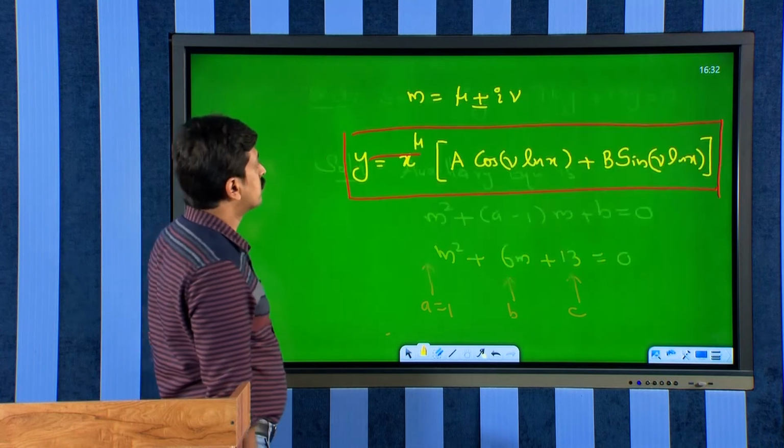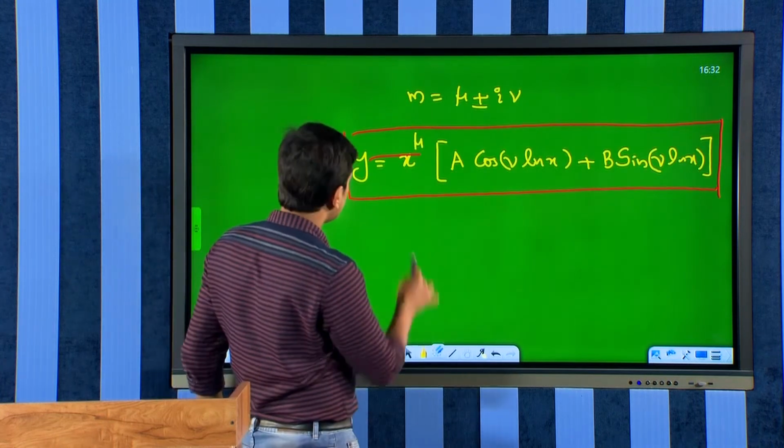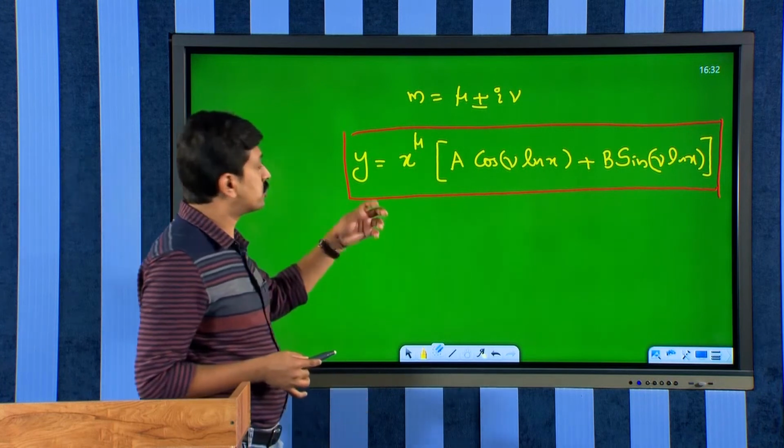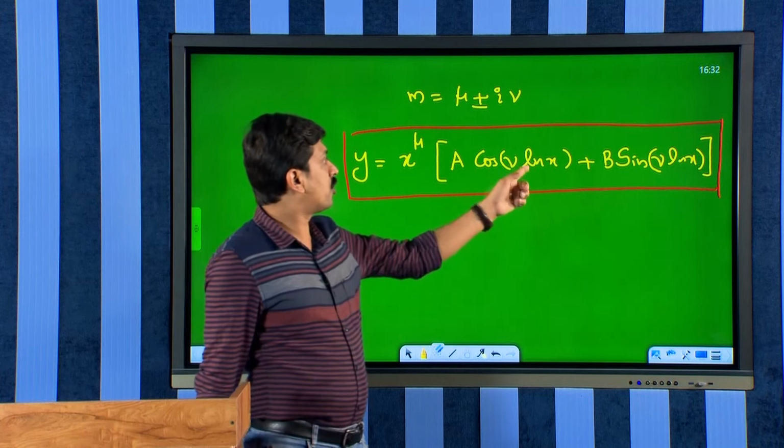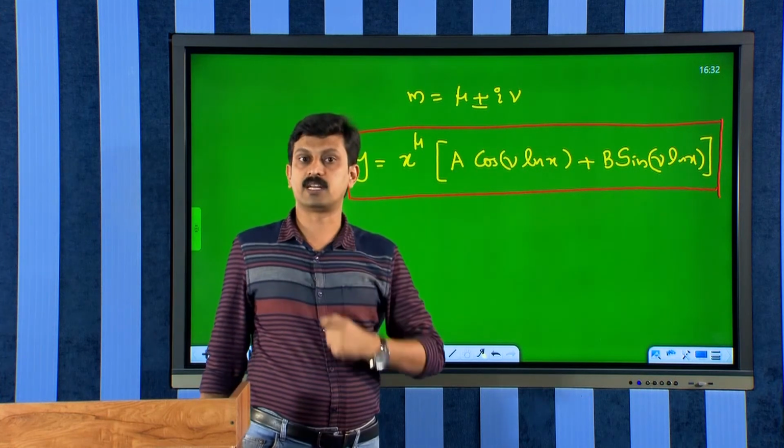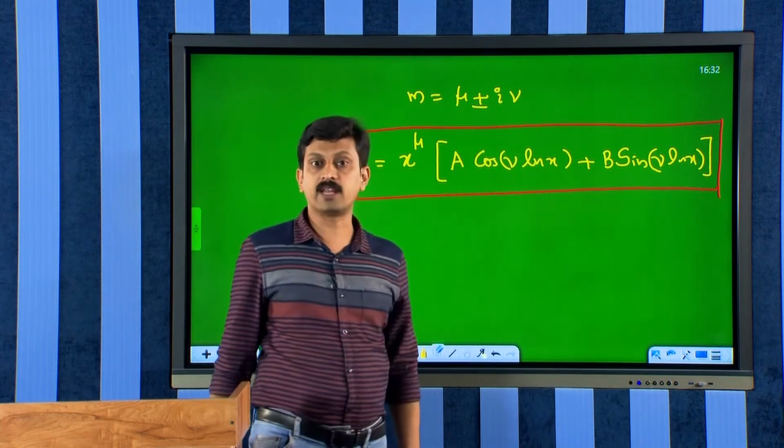The formula is x raised to mu, where mu is the real part, a cos nu log x, where nu is the imaginary part, plus b sin nu log x.